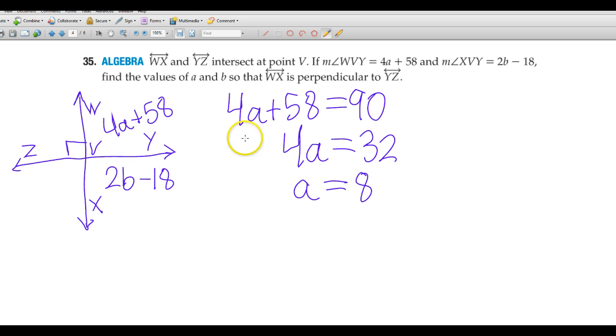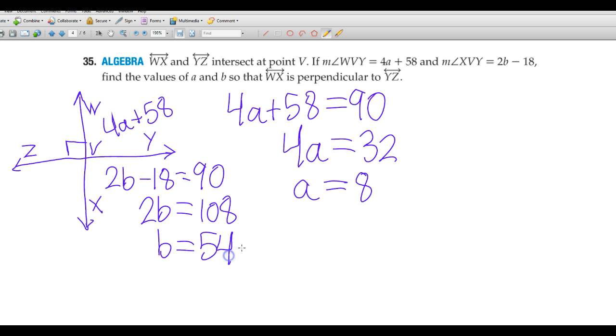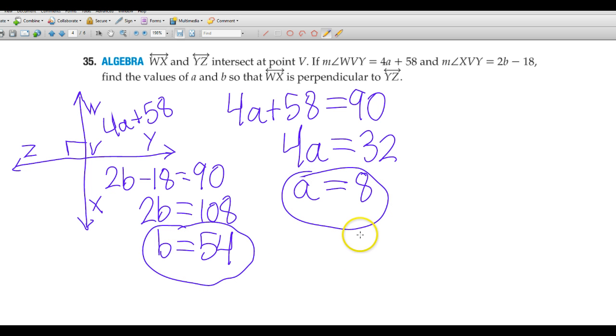And then likewise, we would want to set 2B minus 18 equal to 90. So add 18 and divide by 2. So A would need to equal 8, B would need to equal 54 if we want WX to be perpendicular to line YZ.